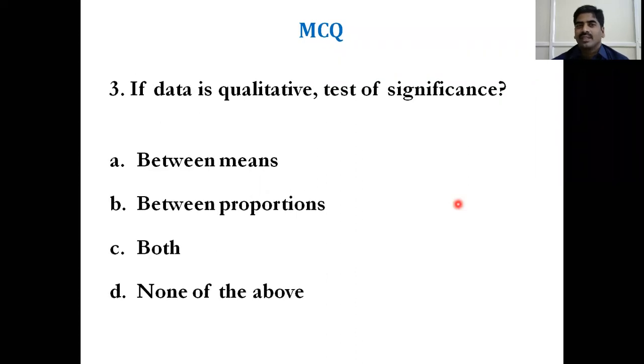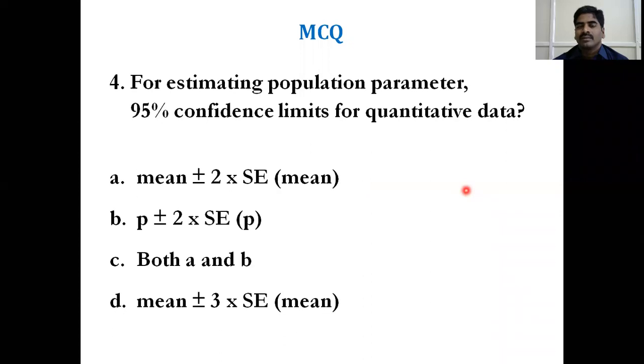Next, question 3. If data is qualitative, tests of significance. Next, question number 4. For estimating population parameter, 95% confidence limits for quantitative data.